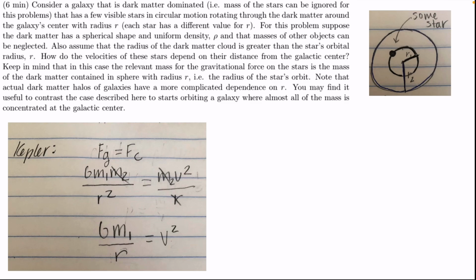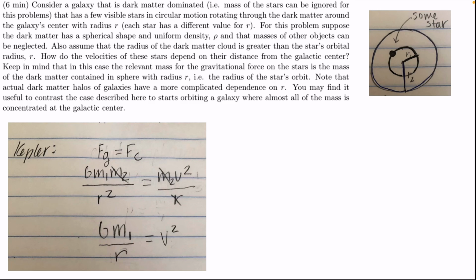We are just going to use that expression we get from Kepler's law, which allows us to set the force of gravity equal to centripetal force, as the force of gravity is what causes that centripetal orbit. M2 and one of the r's will cancel, leaving us with just big G times M1, that M1 being the mass of the dark matter, over r.